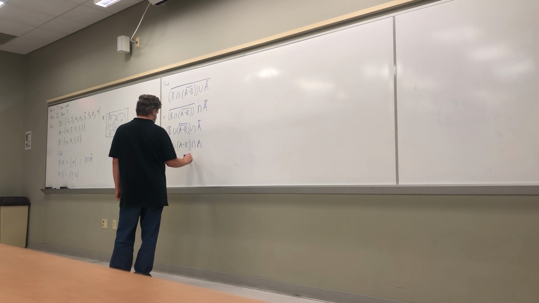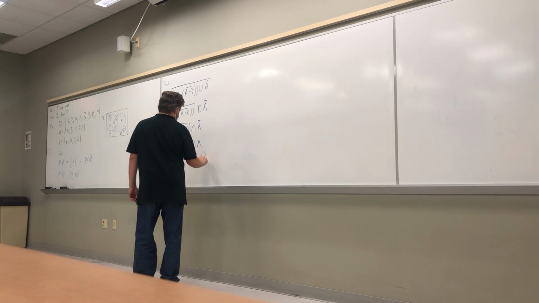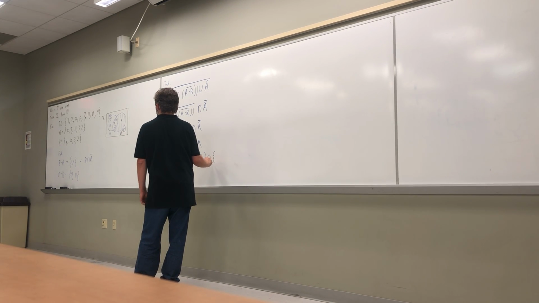And I did find A minus B, so I'm going to turn that into 7 and 11. And I need to intersect that with A itself, which is X, 7, 11, 3, 2.